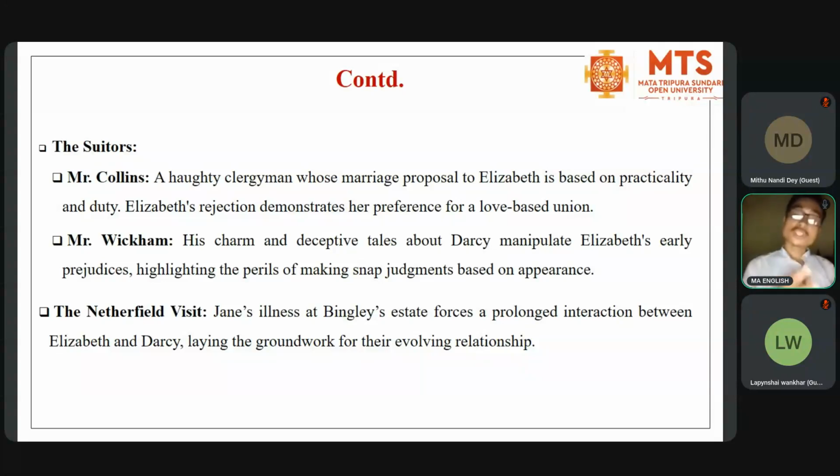So there was already a clash between the hero and heroine in the novel. Mr. Wickham comes up with a deceptive story and makes the problem larger. Now, what happens after that?